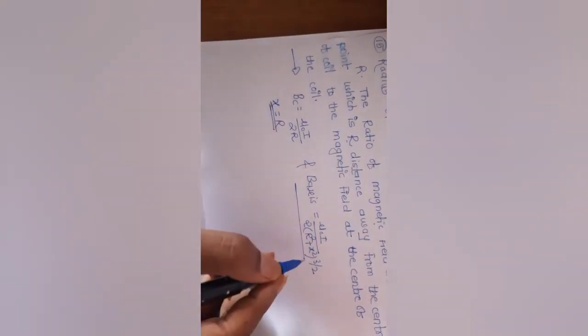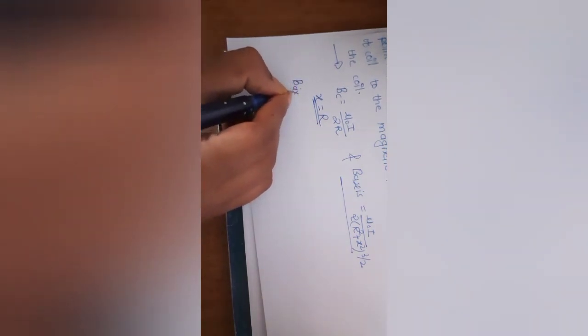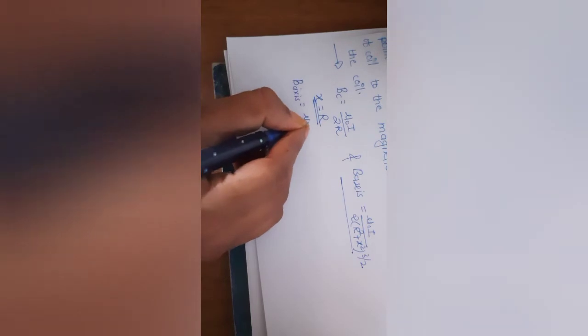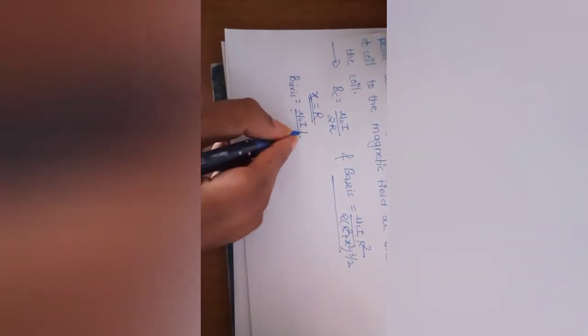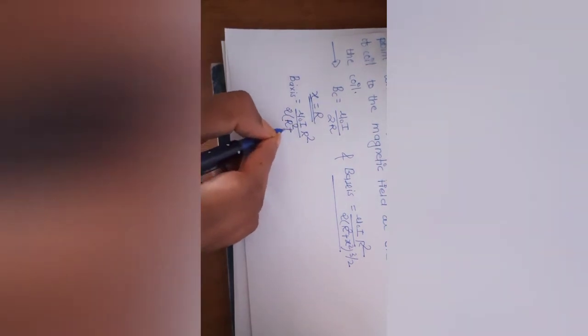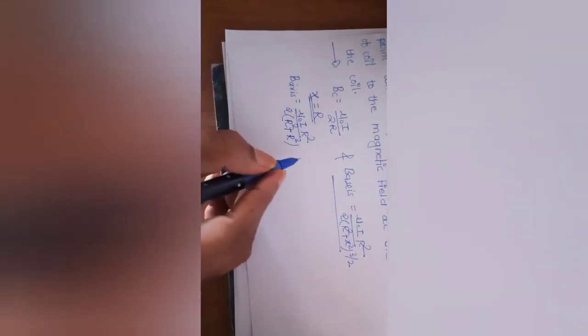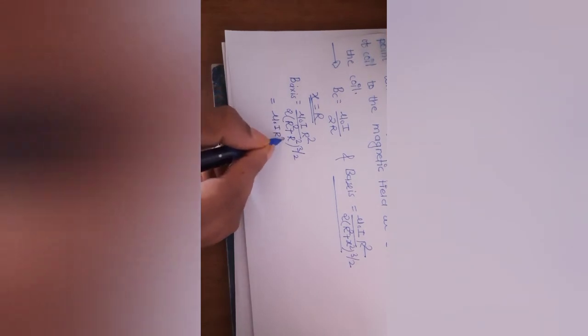First of all we have to solve this formula. So B axis is equal to mu 0 I r square upon 2 (r square plus r square) raised to 3 by 2, because the value of x is r. Which is equal to mu 0 I r square upon 2 into (2 r square) raised to 3 by 2.